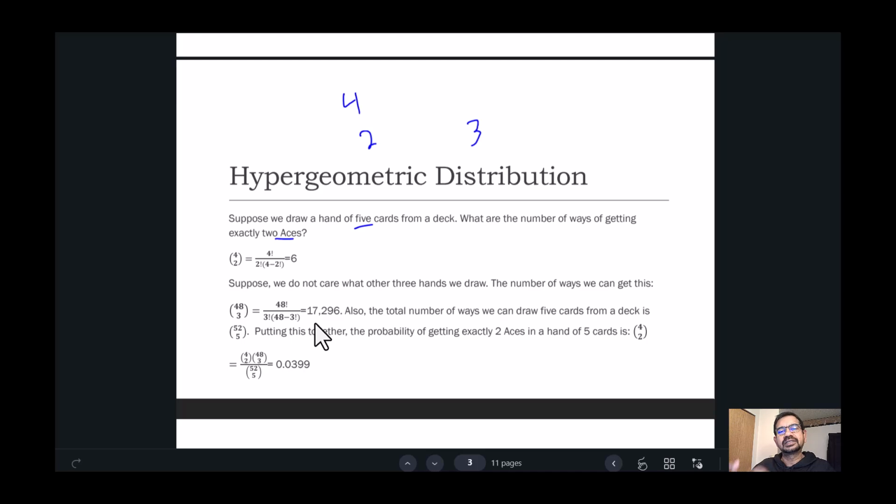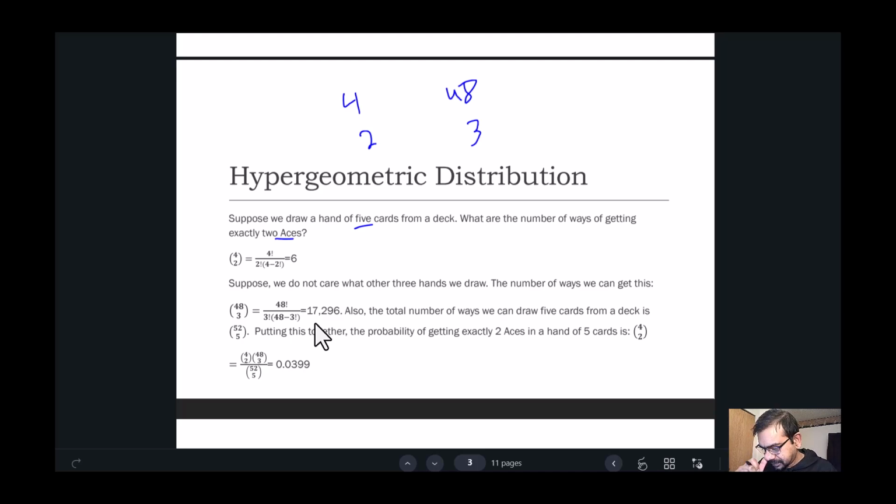Again, we don't want any more aces, so we subtract the number of aces from the deck: 52 minus 4 would be 48. So we are looking at the probability of getting 2 aces from 4 aces, and then from the remaining 48 cards, getting any 3 that we don't care about.